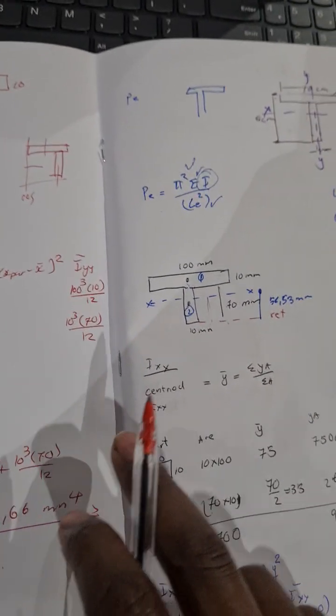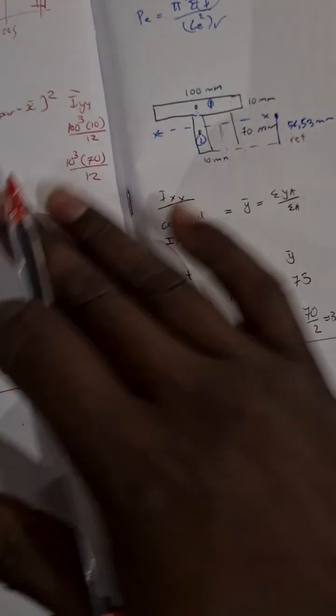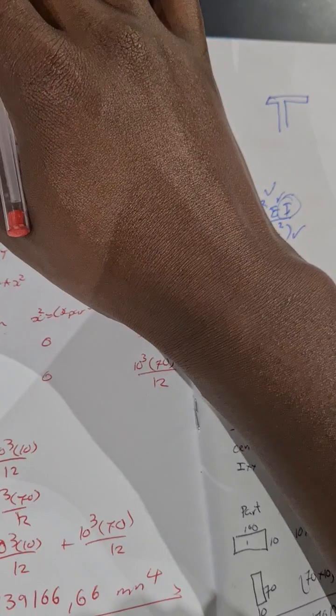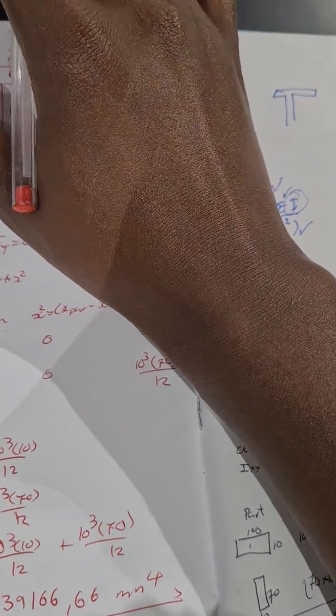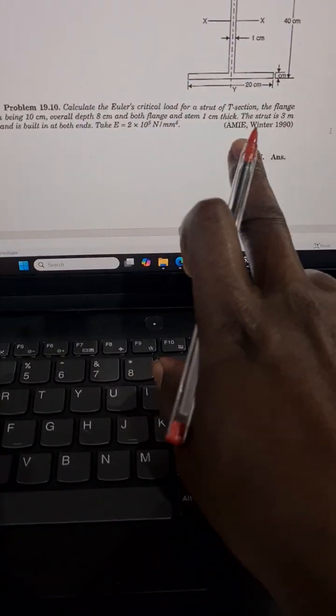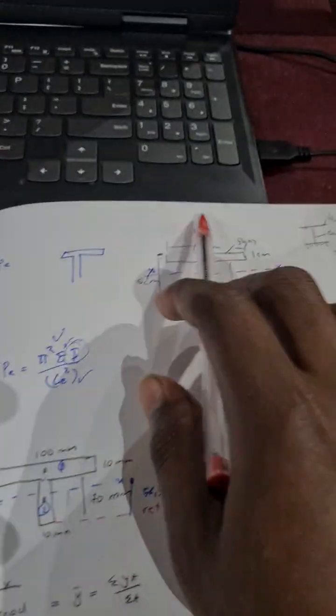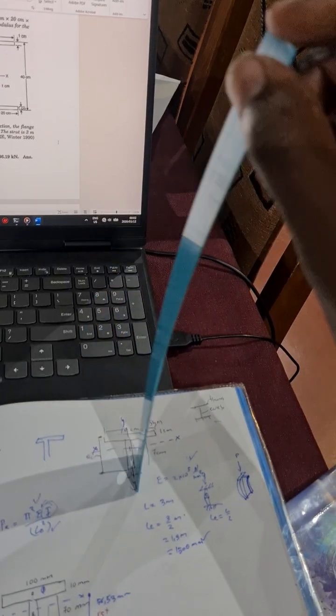So this T structure, this T structure is gonna bend by IYY. So it's gonna bend with IYY. So it's gonna bend, if it was a roller, if it was like this, and then IYY is gonna bend like this.